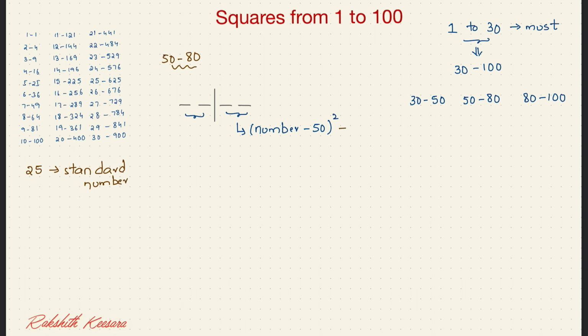And the MSP you get by 25 plus x, if this quantity is x, plus the carry from here, if there is some carry. So this is the formula for numbers between 50 to 80.